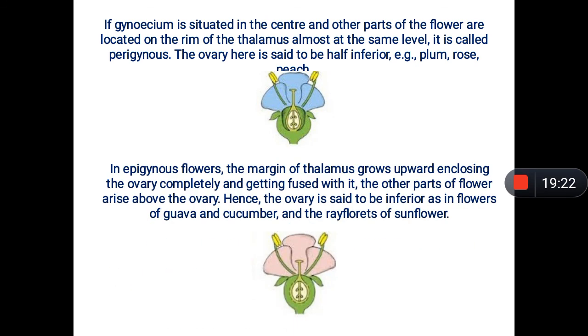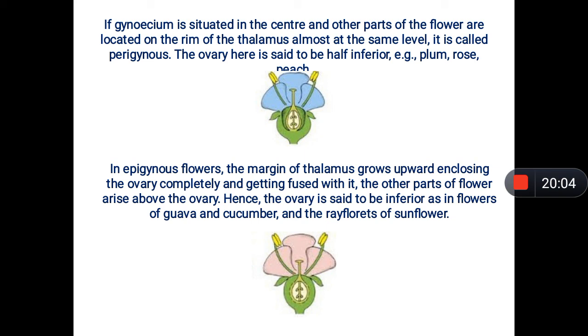In the epigynous flower, the margin of the thalamus grows upward, enclosing the ovary completely and getting fused with it. The other parts of the flower arise above the ovary. Hence, the ovary is said to be inferior, as in flowers of guava and cucumber, and the ray florets of sunflower. So in this particular picture we can see that the ovary does not lie above the thalamus, but lies below the thalamus, or it can be said that it is embedded in the thalamus.